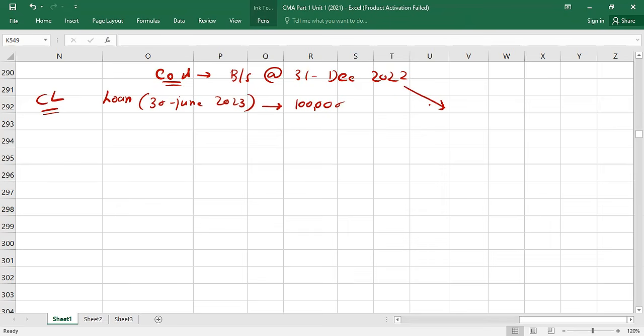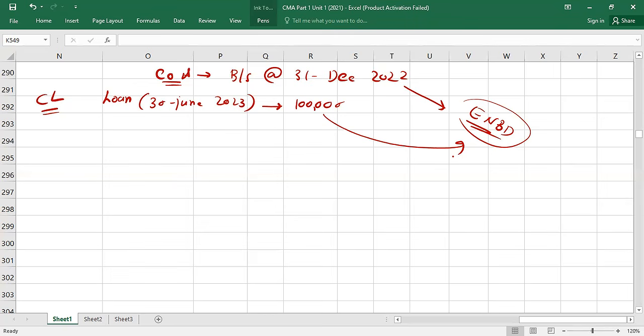Now, at the balance sheet date, the company has agreed with Emirates NBD Bank, and Emirates NBD Bank has agreed that they will take up this loan. Emirates NBD will pay the full value, and then Emirates NBD will take the money from the company in future.